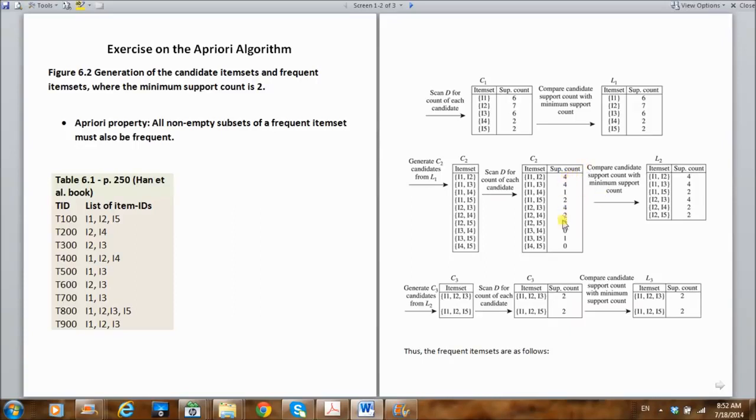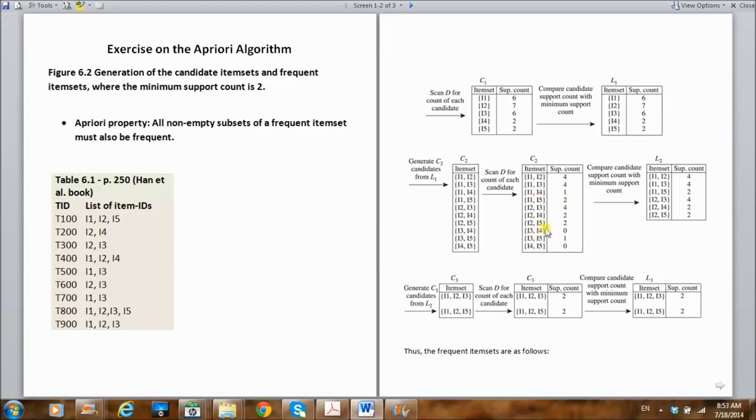You count the support counts for every item set, and then compare each count with our minimum support count of 2. Any item set below 2 we do not include in the frequent item sets. So this is okay, this is okay, but I1, I4 is below 2, so we don't take it.